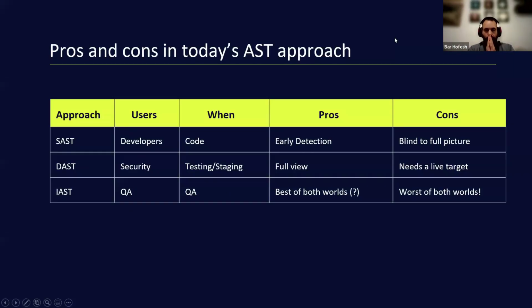Now, when we're talking about AppSec or AST, which is application security testing, we have, I would say, 4 main tools out there, but let's talk about 3 of those. So one which isn't here is SCA, the software composition analysis, which we talked about before. Others are SAST, which looks at the code and finds vulnerabilities in the code.